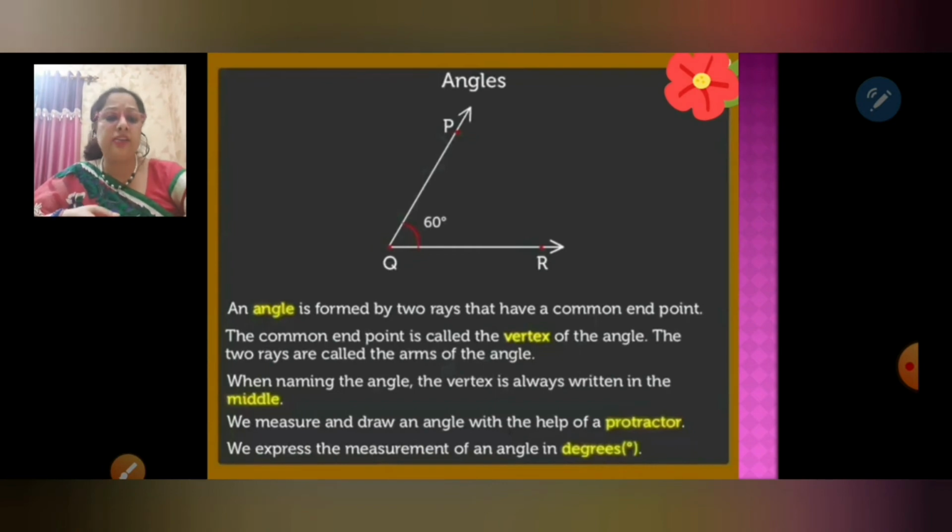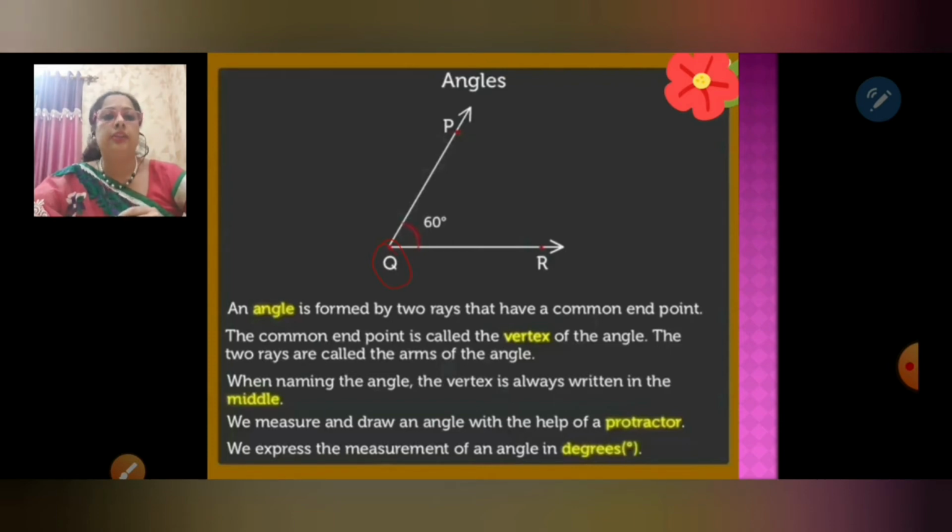So an angle is formed by two rays that have a common endpoint. Like in this case, the two rays are ray PQ and ray QR. The common endpoint is called the vertex of the angle. Like in this case, the vertex of the angle is Q. The two rays are called as the arms of the angle.